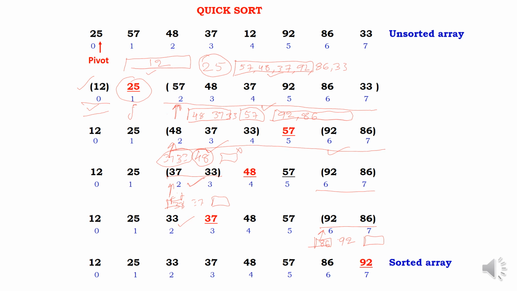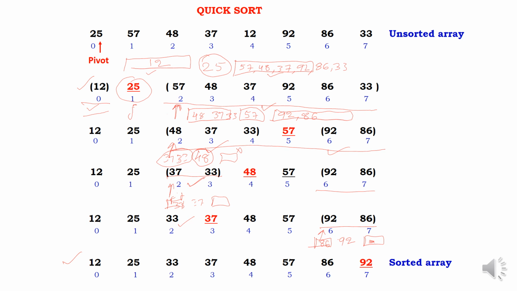So we place it in the left side. Is there any other element? No, there are no elements in the right side. Then in left side partition there is only one element. If there is only one element in the partition, we need not repeat the procedure because we treat this as a sorted element. So finally, the array contains 12, 25, 33, 37, 48, 57, 86, 92. It is a sorted array.